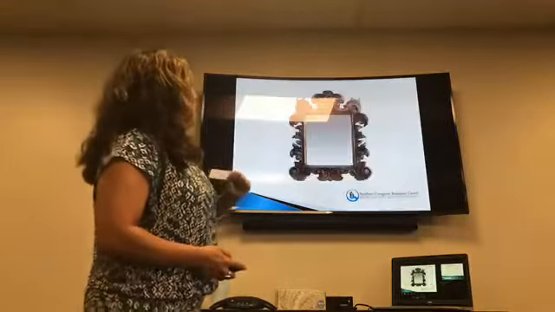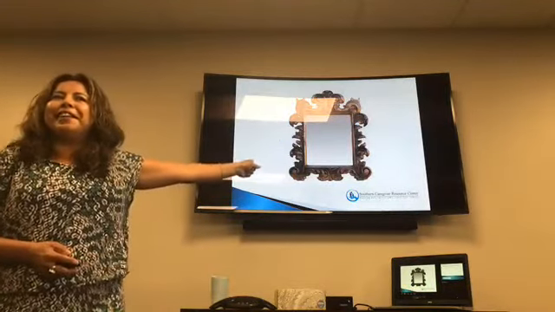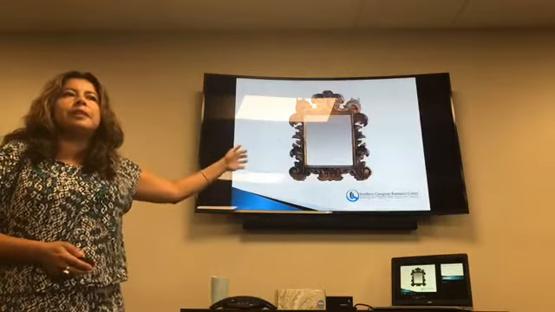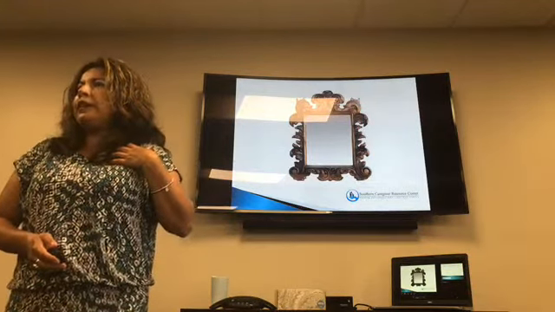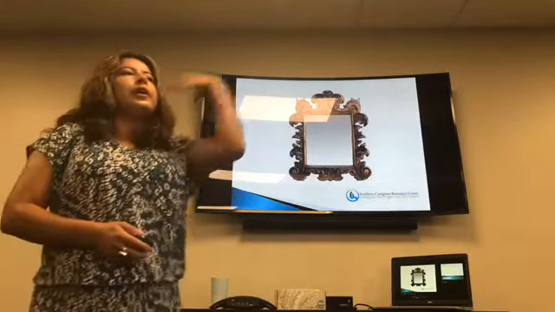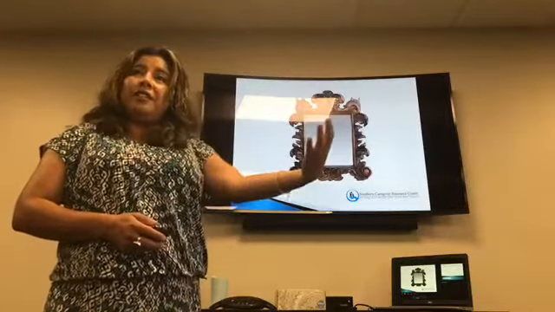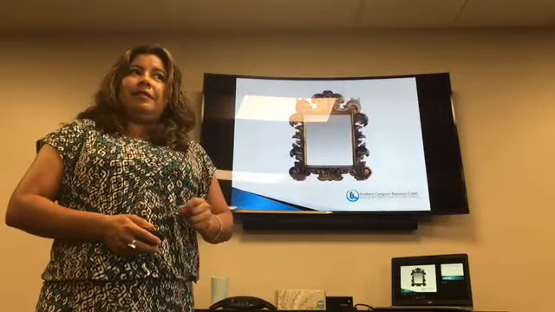What is your goal? And I have this mirror here because I think from time to time we do need to look at ourselves in the mirror. Right? It's a reminder that sometimes the way we approach the situation makes a difference.